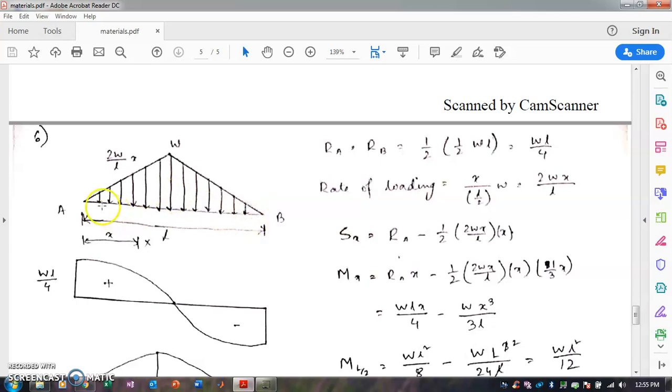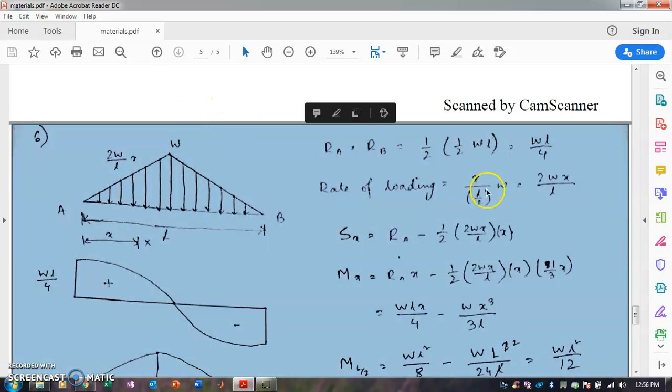So if you take moment about point B, then RA into L will be half into W into L into L by 2. From this you can get the value of RA, and by a similar procedure, total load minus RA, you can get the value of RB, and it will become WL by 4. So RA and RB will be WL by 4.